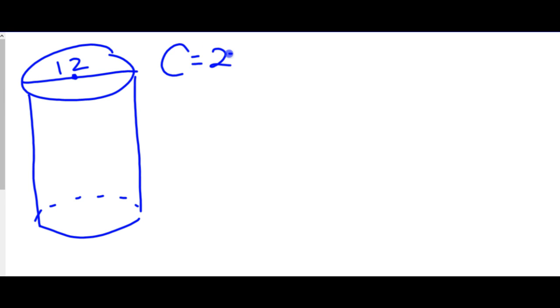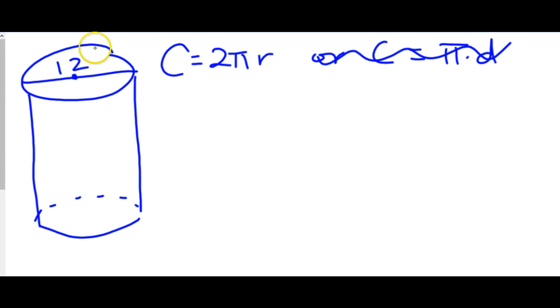Circumference, you could either write it as 2 pi r, or circumference can be written as pi times diameter. I stick with the 2 pi r just because I'm going to have to find radius anyway. So that way I only have to plug in one number and not have to worry about which one I'm working with. So radius is going to be half of diameter. It's going to be 6.